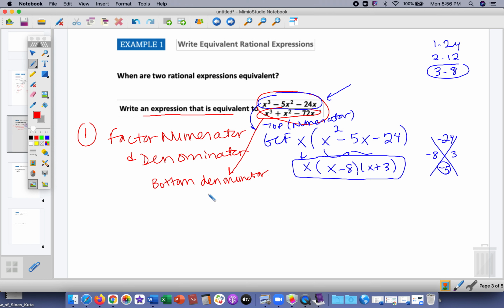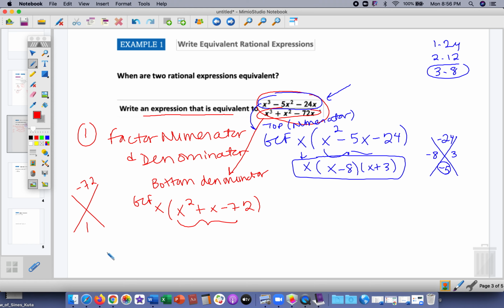Now let's work on the denominator. So we're going to work on the bottom, the denominator. So again, in the denominator, there's a GCF. You always want to take out GCF if you can. X. So we have x squared plus x minus 72. So again, we're looking to see if there's a combo. To break down this trinomial, what multiplies to a times c, or negative 72, that adds to 1?